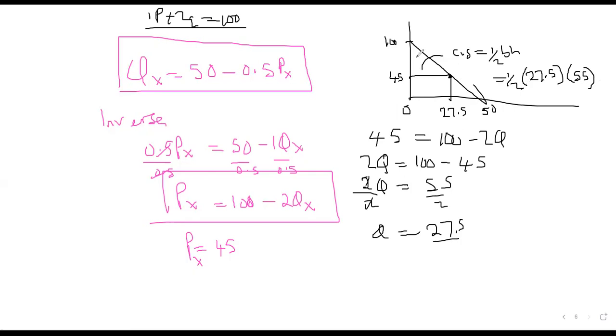So this is an example type of how they can complicate computing the consumer surplus. So what are you getting here? Half times 27.5 times 55. What are you getting?